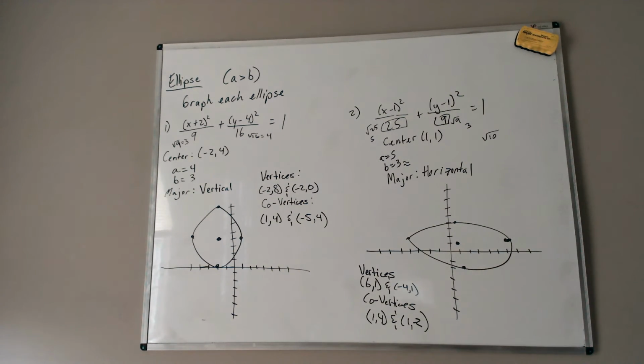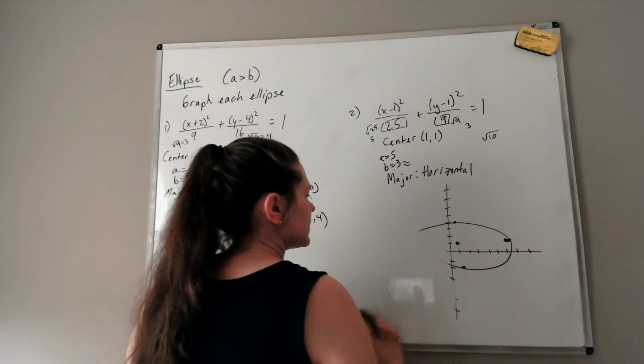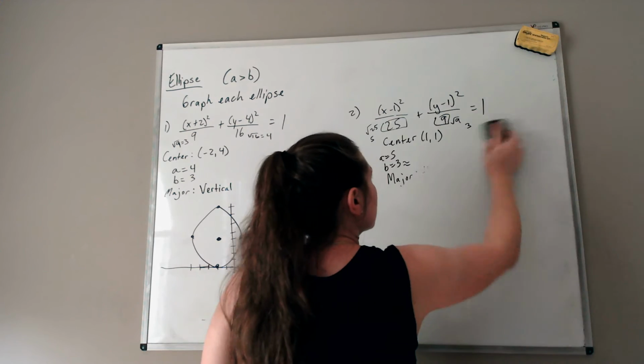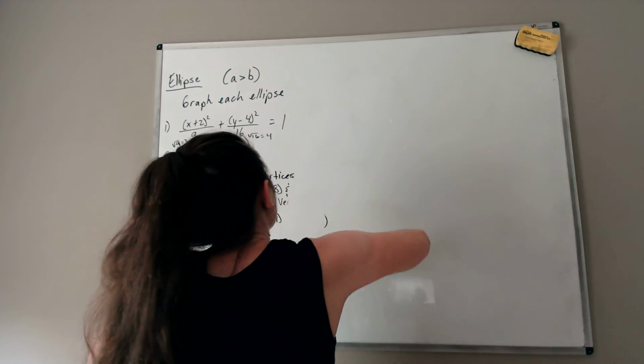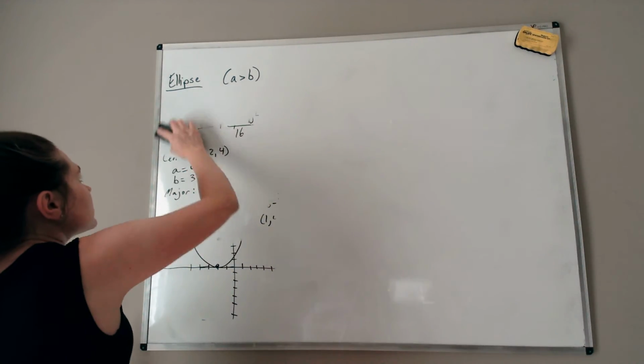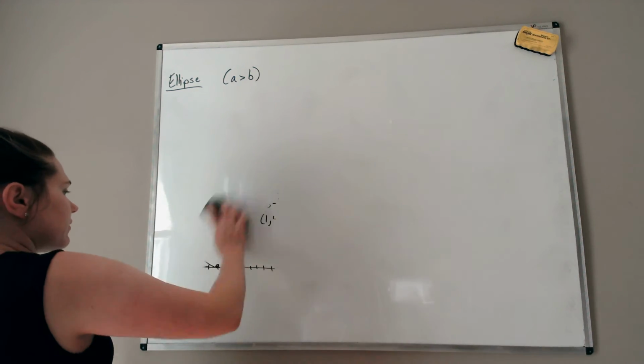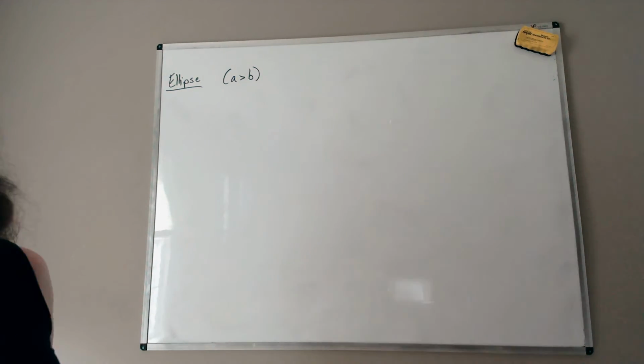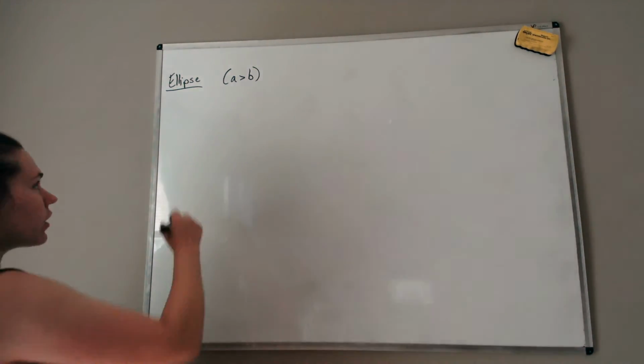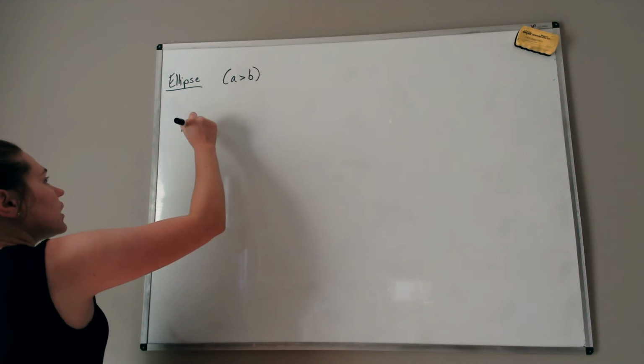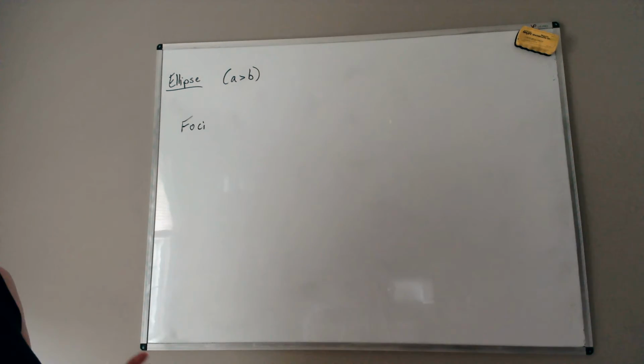And so one more piece about the ellipse that I want to discuss before we practice one more graphing of an ellipse, and we need to talk about what's called the foci of an ellipse. So the foci are actually how you are going to be making the shape of an ellipse.